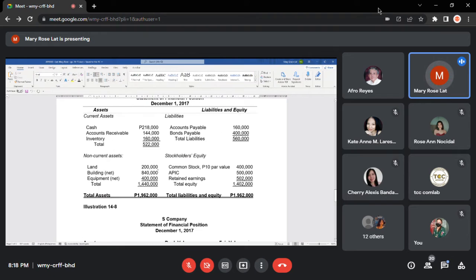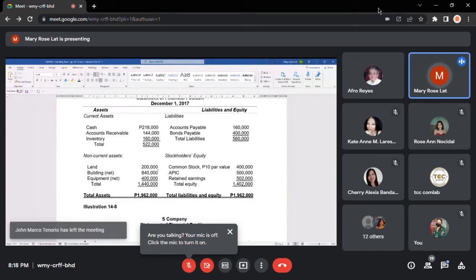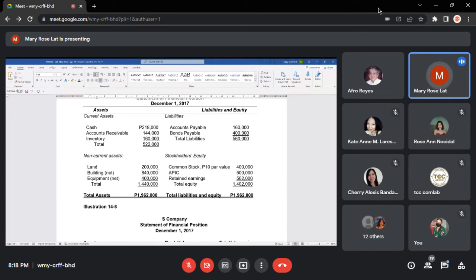Land, 200,000. Building net, 840,000. Equipment net, 400,000, with a total of 1,440,000. The total assets is 1,962,000. Para po makuha yung total assets, ipagpa-plus po natin yung total current assets at total non-current assets.